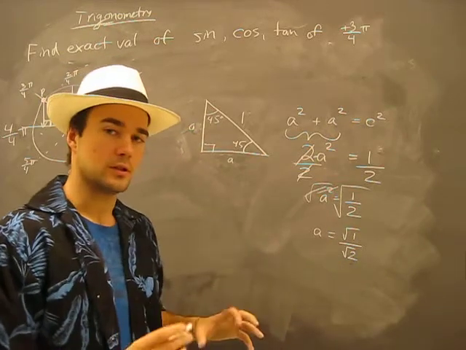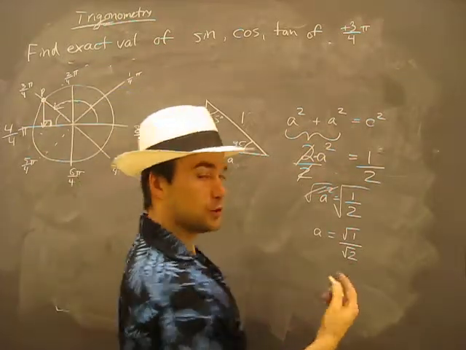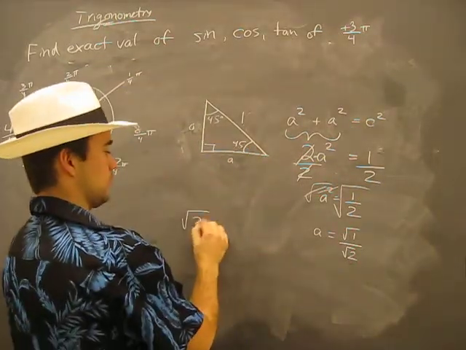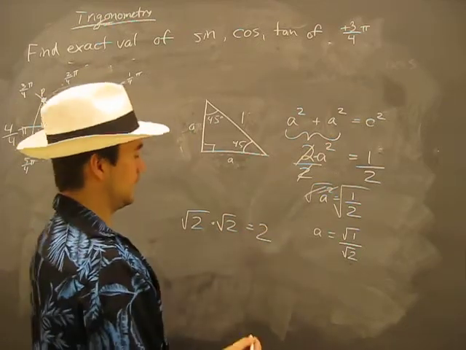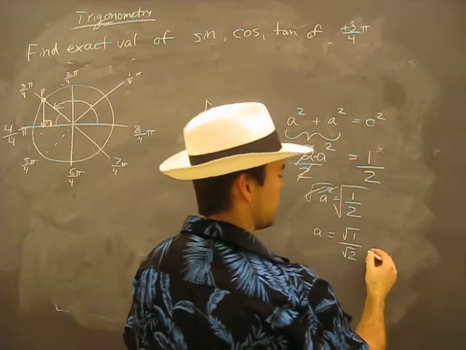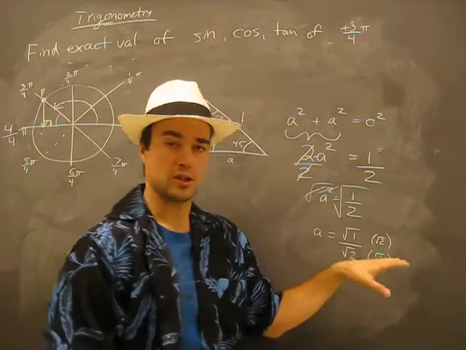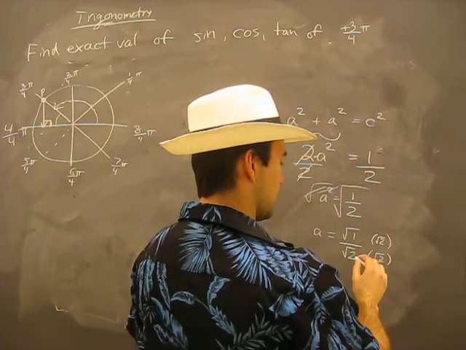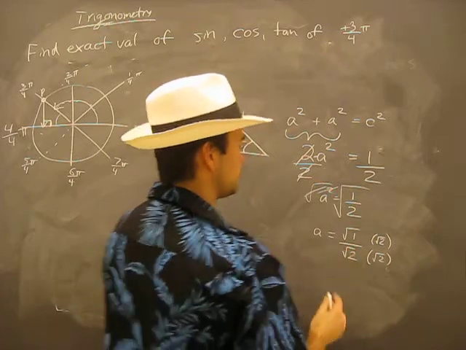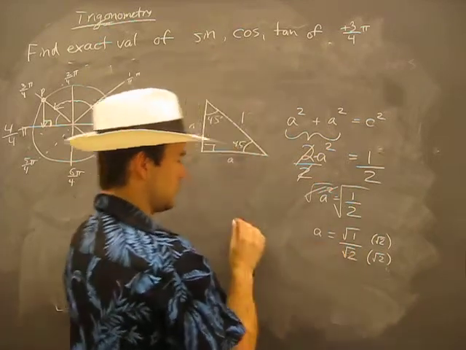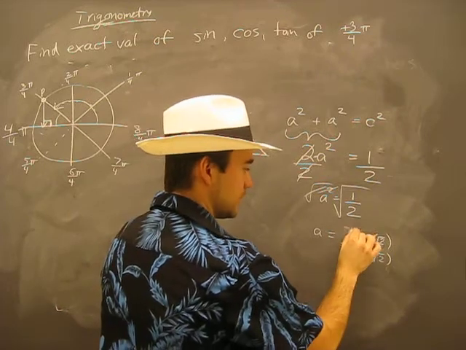It's called rationalizing the denominator. Root 2 times root 2 is the number 2 by itself. So I'll multiply the bottom by root 2 and the top by root 2. That way I'm not changing the value of the fraction. Before I go there, the square root of 1 is just 1, so I'll clean it up a little and just write the number 1.